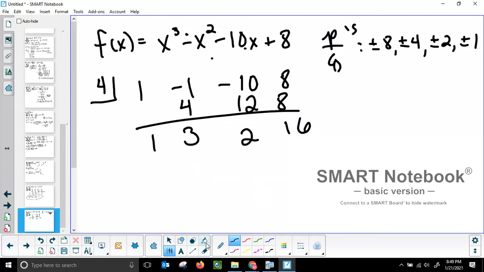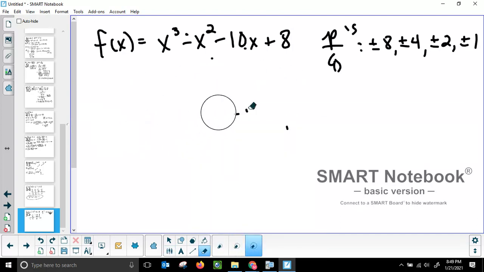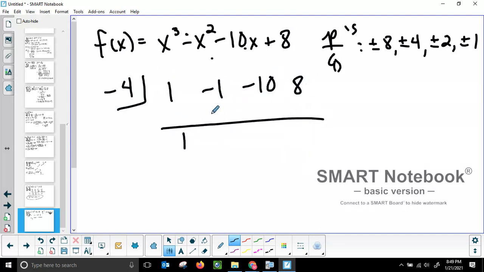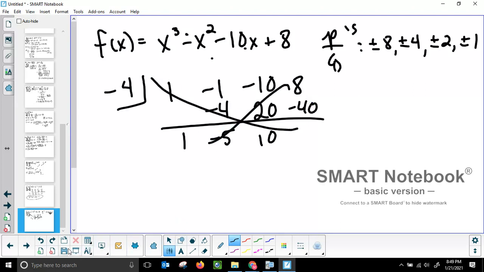So maybe I didn't mess up. Negative 4: 1, negative 1, negative 10, 8, then 1, negative 4, negative 5, 20, 10, negative 40, nope. Okay, so I didn't mess up.